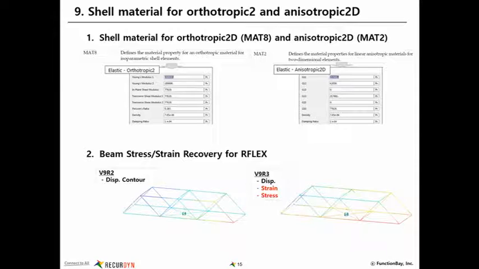That gives slightly different features that have been requested by some people. There's also this beam stress strain recovery for RFlex. In V9R2, there's just this displacement contour, and in V9R3 you can recover the strain and stress.